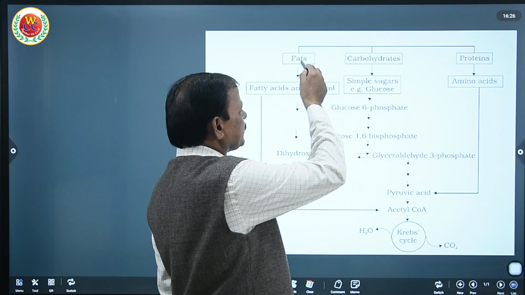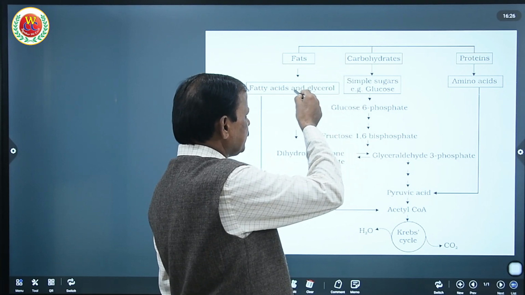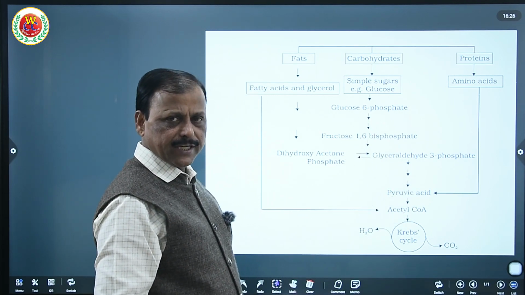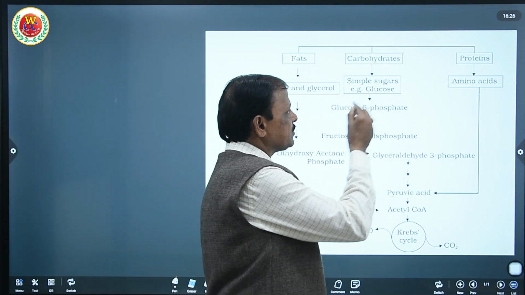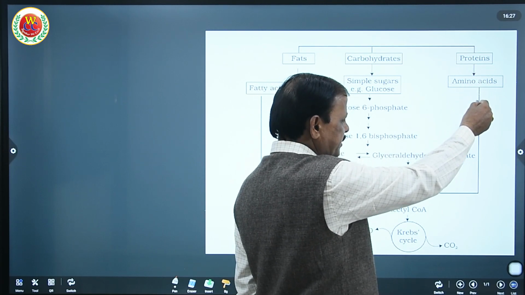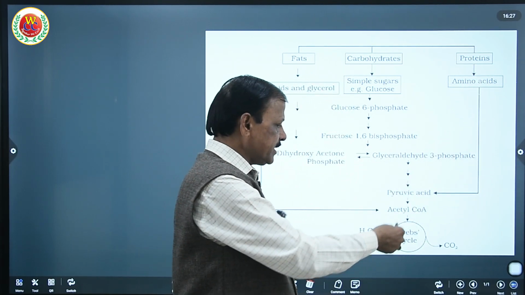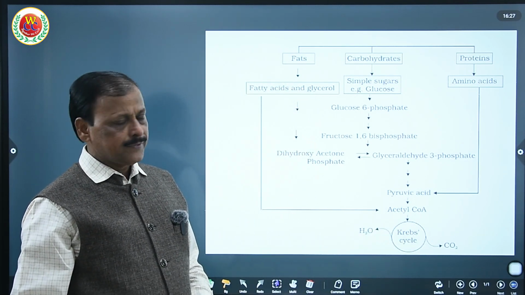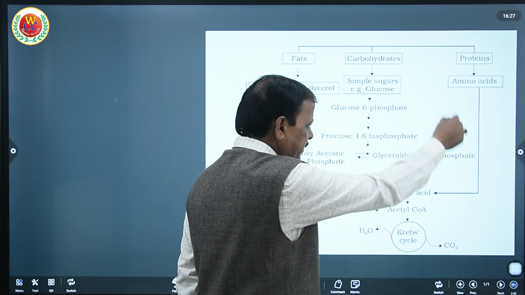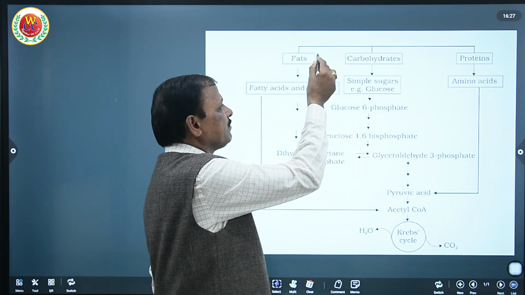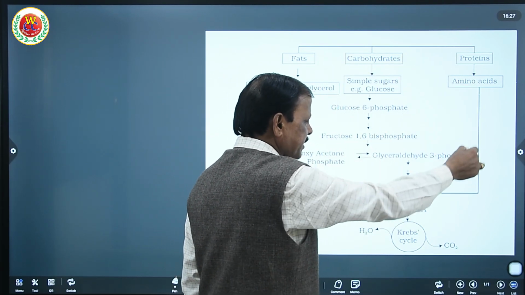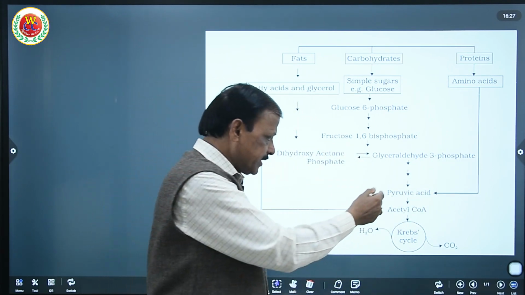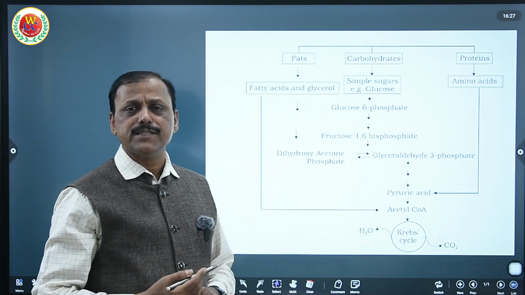In absence of glucose, fat undergoes breakdown, fatty acid undergoes oxidation and finally produces pyruvic acid and acetyl-CoA. In absence of fat, protein undergoes breakdown, produces amino acid, finally converted to pyruvic acid, which is a common substrate for the Krebs cycle to release the energy. So this can be called catabolism, as these complex molecules, fat, glucose and protein, undergo breakdown and produce pyruvic acid as a final product, which enters the Krebs cycle as acetyl-CoA and releases the energy.